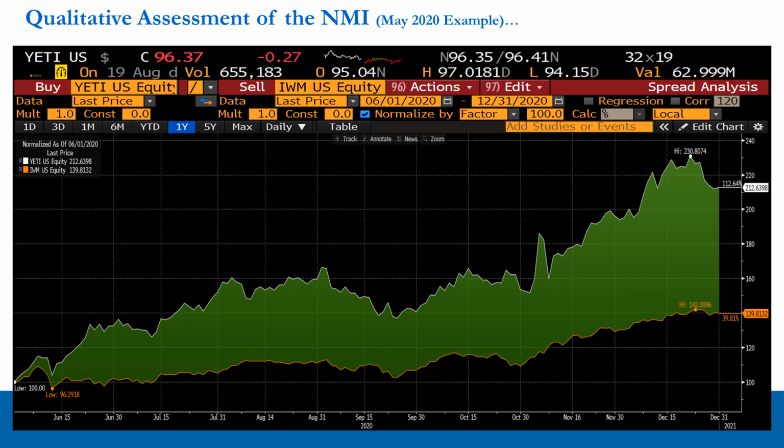Yeti is part of the Russell 2000, or it was back then anyway. This would be slightly more of an accurate exercise to compare the performance to the IWM.